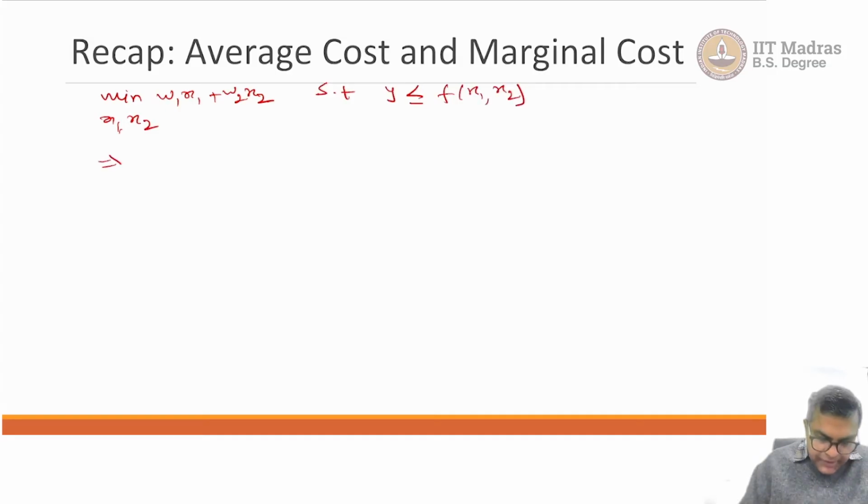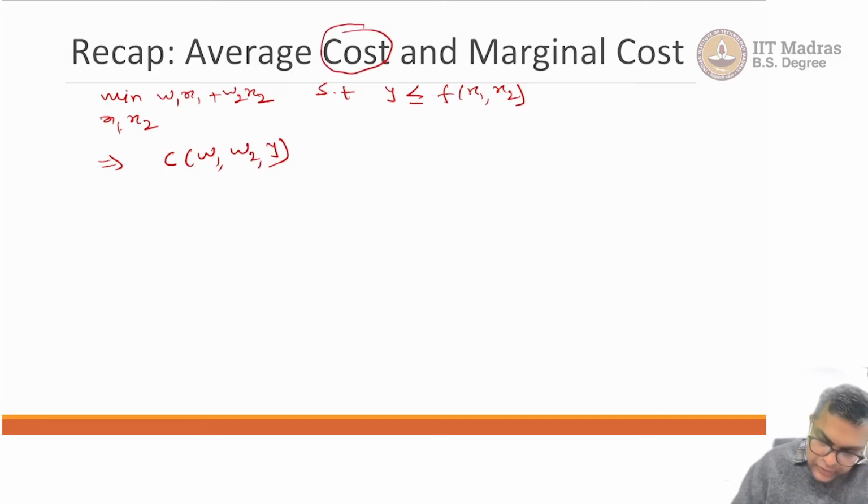And this we have obtained: if we do the cost minimization, the optimal cost is going to be C as a function of W1, W2 and Y. So when we are talking about cost here, we are not talking about just any random cost. We are talking about the optimal cost required to produce Y units of output such that prices of inputs are W1 and W2 respectively. So that we have to keep in mind.